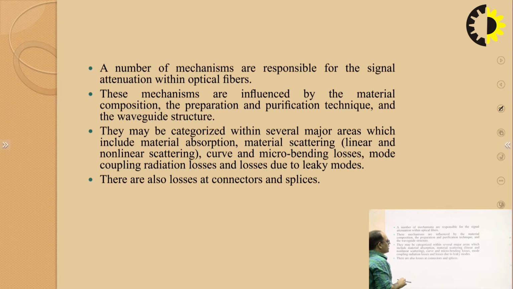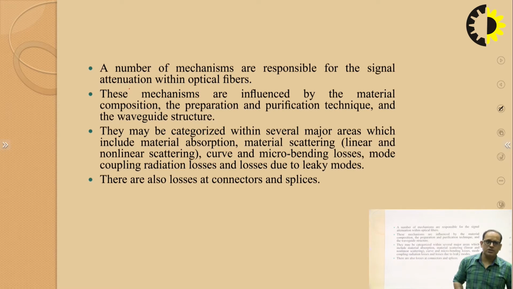There are a number of mechanisms which are responsible for the signal attenuation within optical fiber cable, and these mechanisms are generally influenced by the material composition, preparation and purification technique, and the waveguide structures.